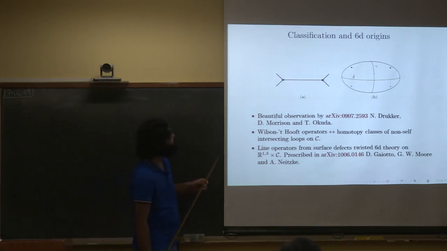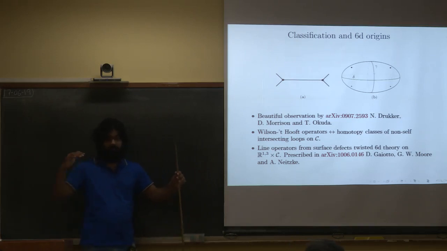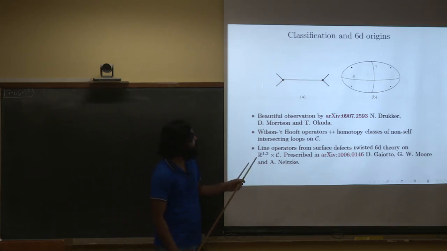So that's good. Now, because we are trying to compactify a 6-dimensional parent theory with a twist on a curved background, we must also try to understand the origin of this loop operator from a 6-dimensional perspective, in which, I should mention, it comes from a surface defect.